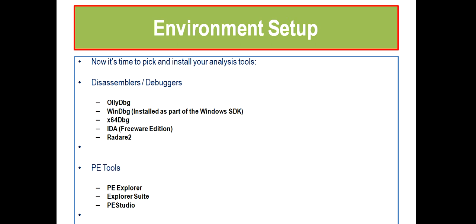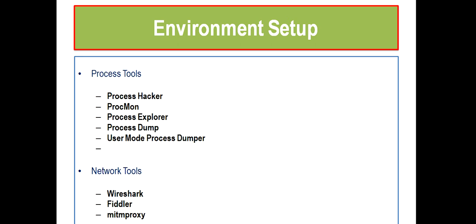Then x64dbg, then IDA, this is a free edition. Then we have Radare2. Then PE tools: PE Explorer, Explorer Suite, PE Studio, and different other portable support tools. Then we have process tools.